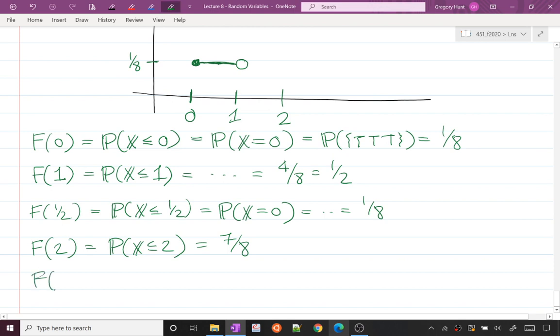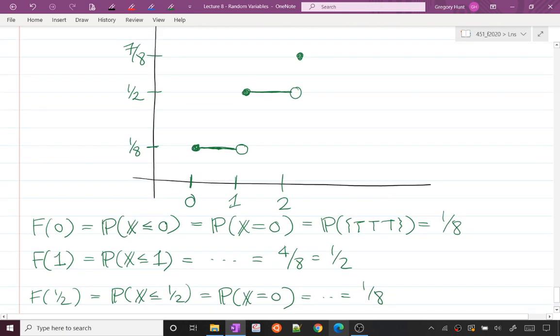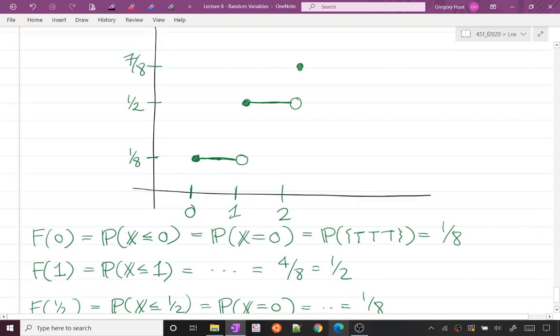But for any number between 1 and 2, I'm going to similarly be at 1/2, right? What is F of 1.5? That would be the probability that I have less than or equal to 1.5 heads. I can't have 0.5 heads. That's the same thing as asking what's the probability I have less than or equal to 1 head, which we saw, of course, was 1/2. And so I can play that game for any value between 1 and 2. It would stay at 1/2 until I get to 2 and I jump up, right?